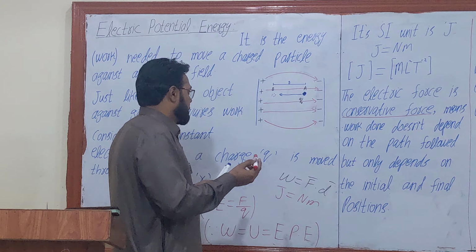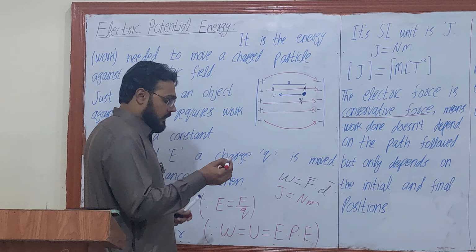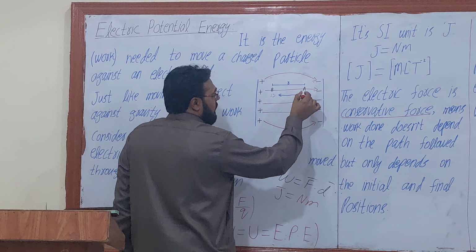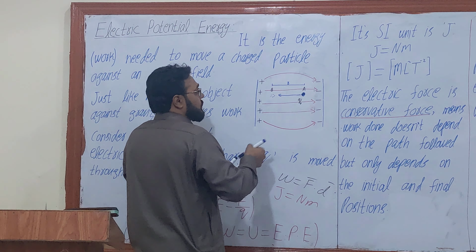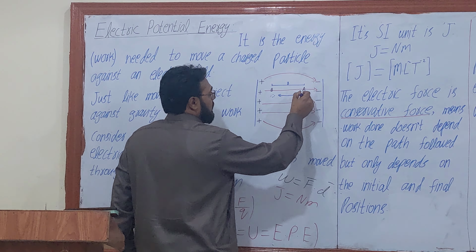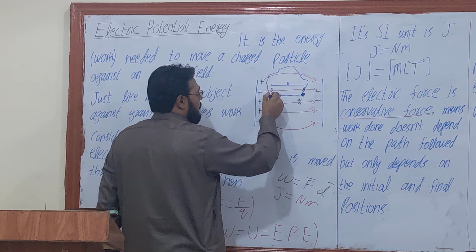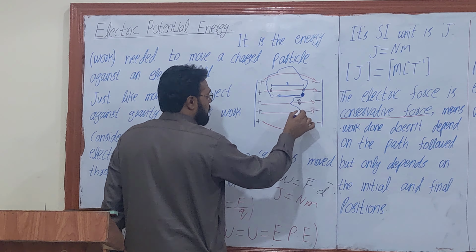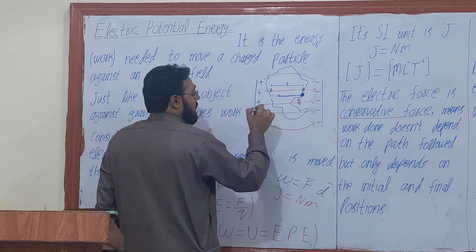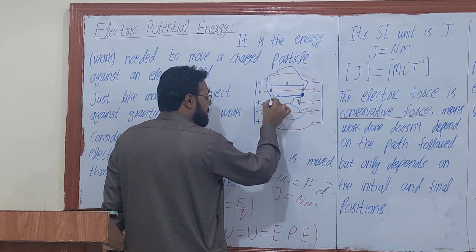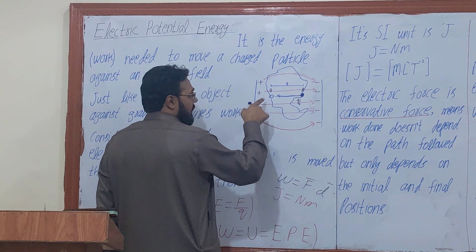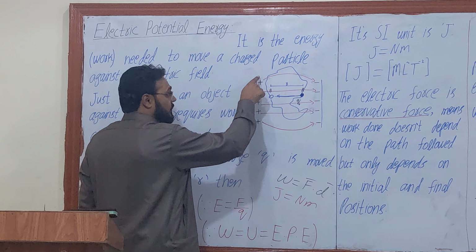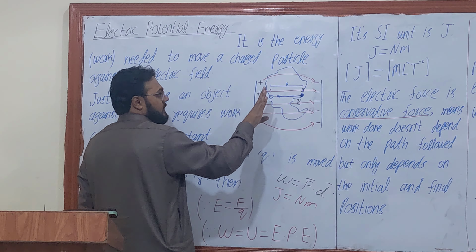For example, if the charge is moved through this path to point B, or through this path, or through this path, the energy will be the same at point B because of the repulsion of these positive charges.